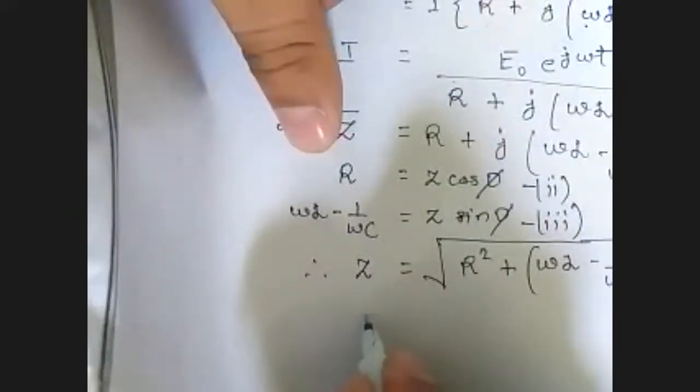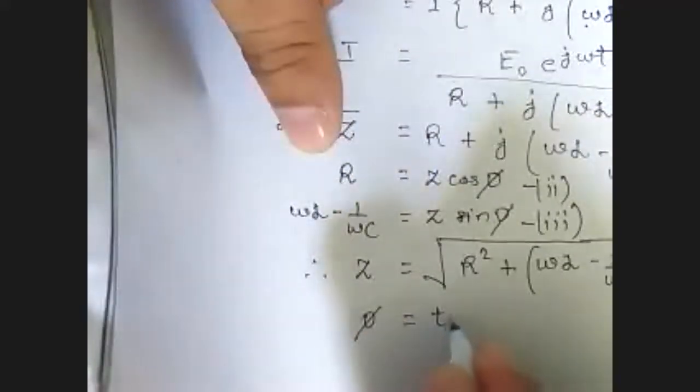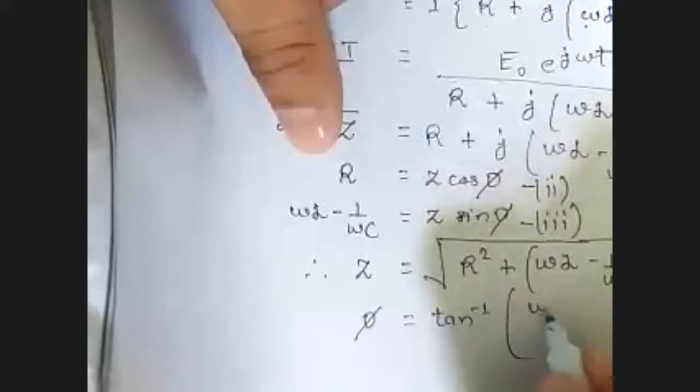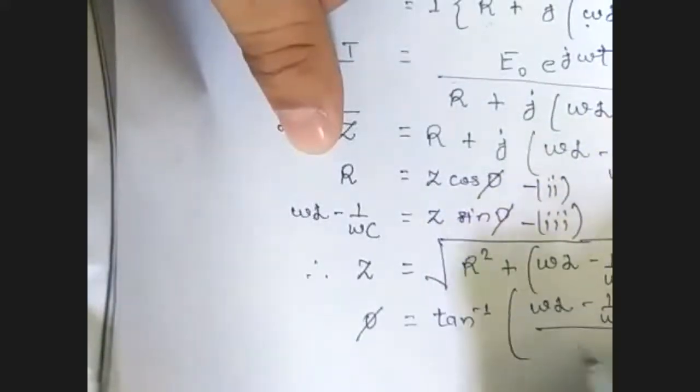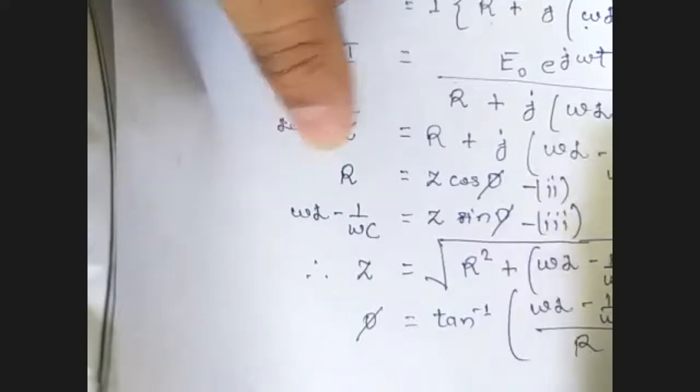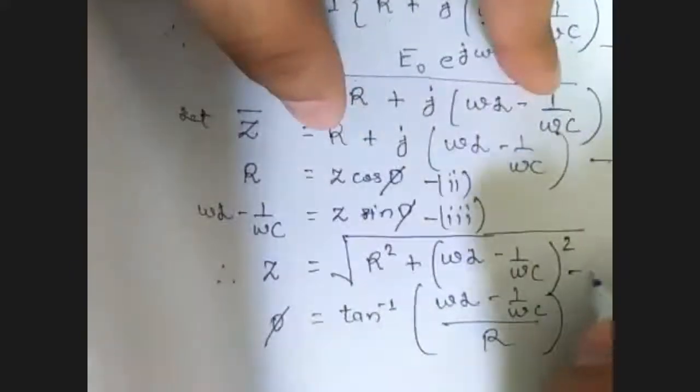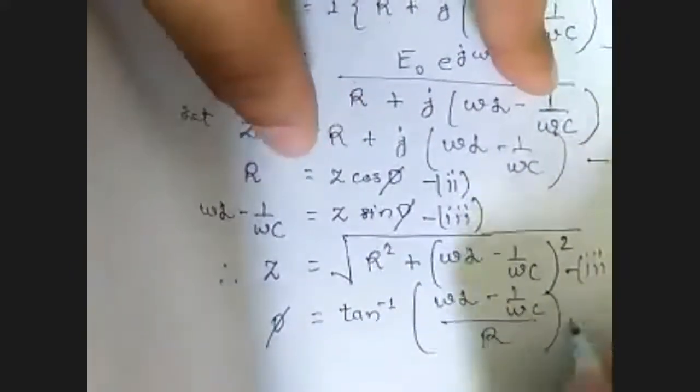So this is Z, and the other term we are interested in is phi. Phi will be tan inverse of omega L minus 1 upon omega C divided by R. And this is third, this is fourth.